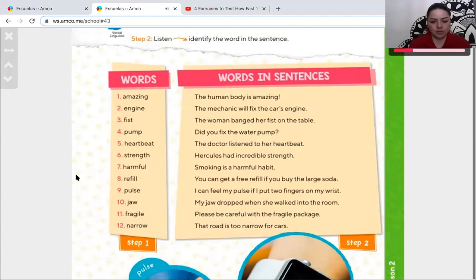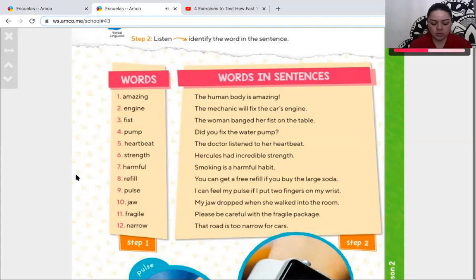Amazing. The human body is amazing. Pump. Did you fix the water pump? Fragile. Please be careful with the fragile package. Heartbeat.